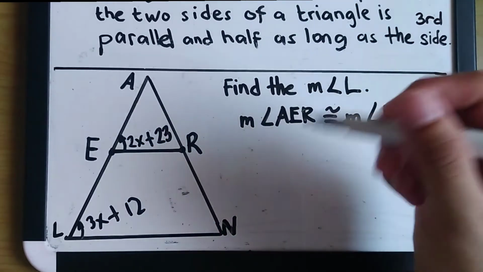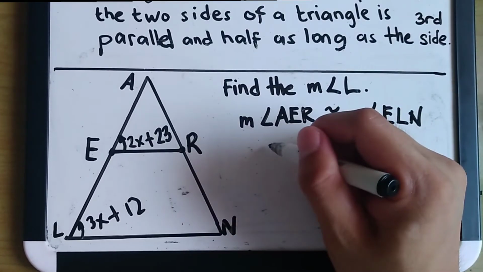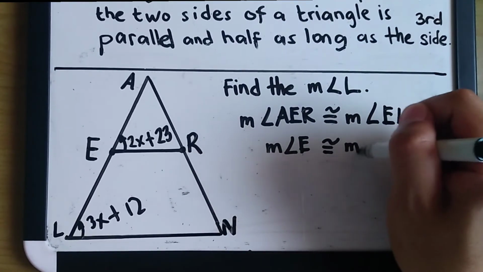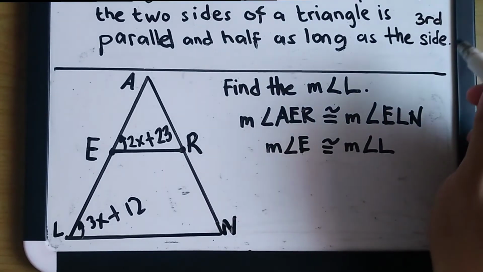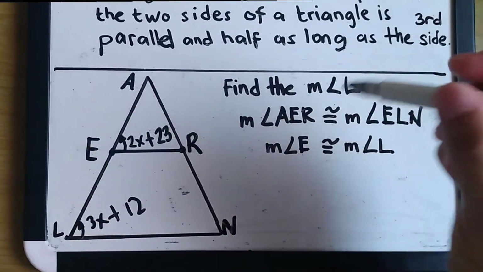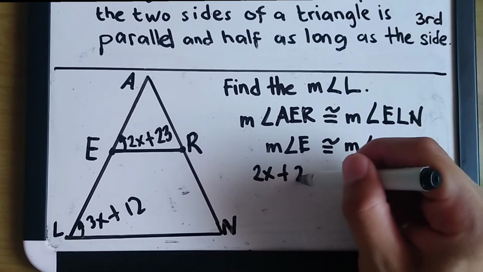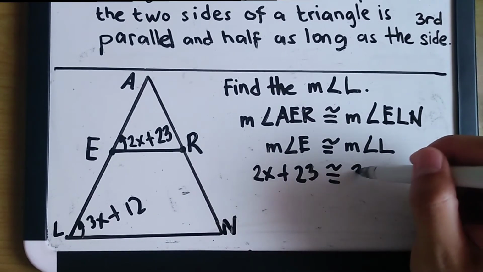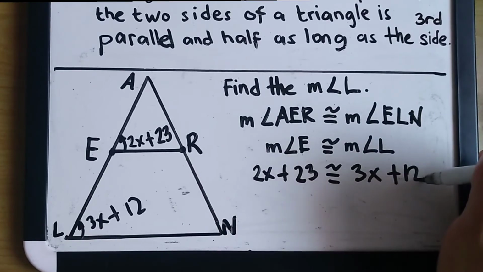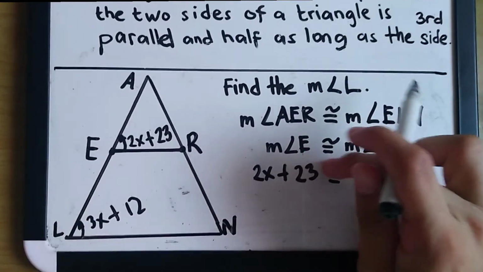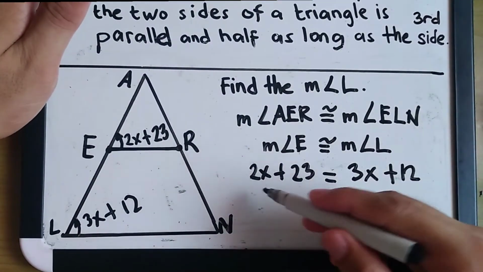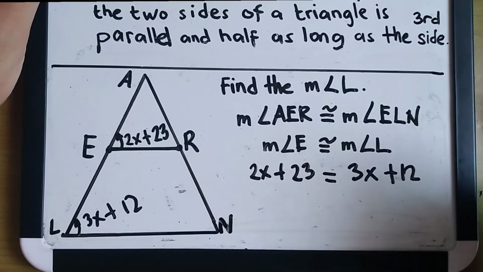We can also write it as the measure of angle E is congruent to the measure of angle L. The value of our angle E in the given is 2x plus 23, while the value of our angle L in the given is 3x plus 12. I'm sorry, this should be a symbol of equality, not a symbol of congruence. There. 2x plus 23 is equal to 3x plus 12.